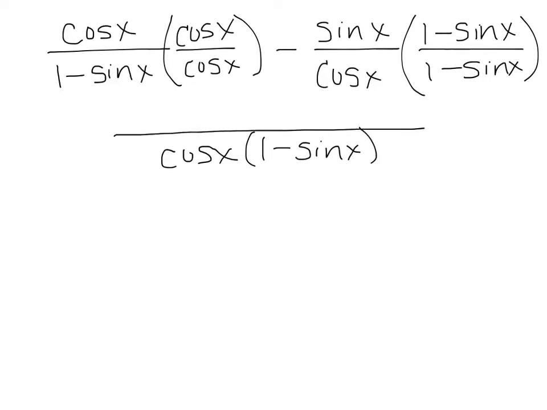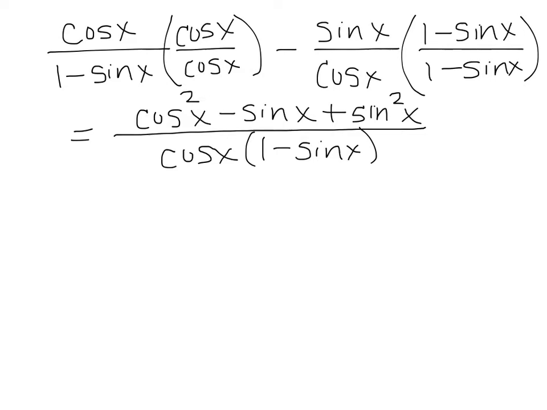Our numerator in the first fraction will be cosine times cosine, which is cosine squared x. You must then distribute the negative sine x into the parentheses, which gives you negative sine x plus sine squared x.